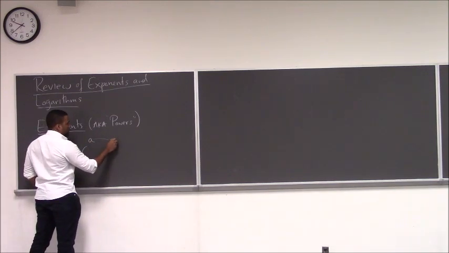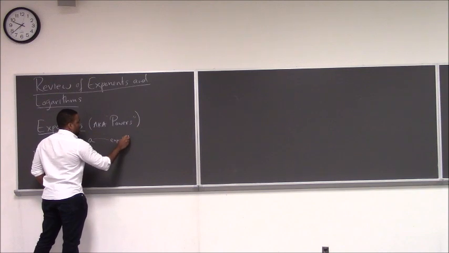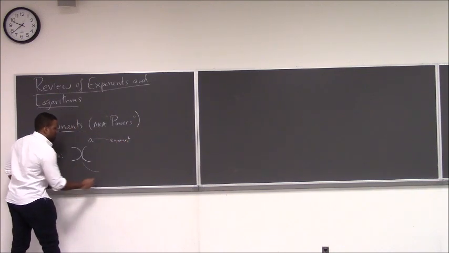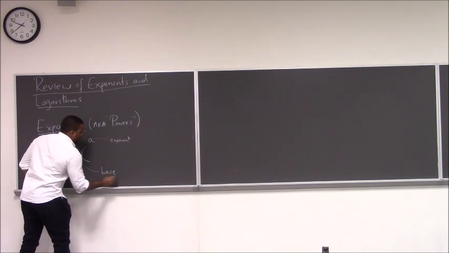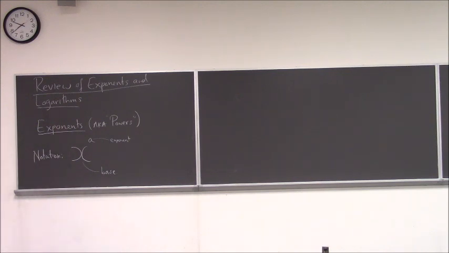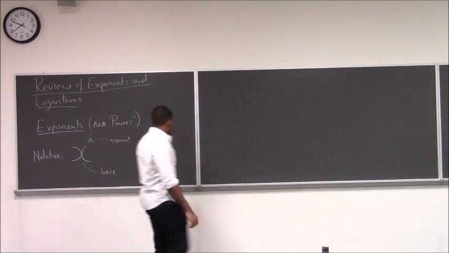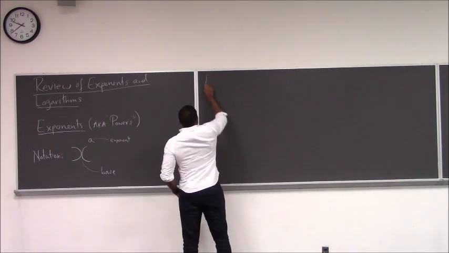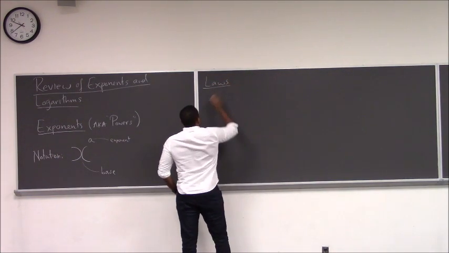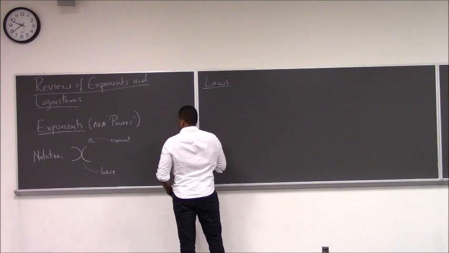This here is called the exponent, and the thing at the bottom is called the base. So this is an exponential expression. You write the exponent in the upper right corner, and the base is the thing at the bottom, to the left. Now we have some laws I want to remind you about how exponents work.